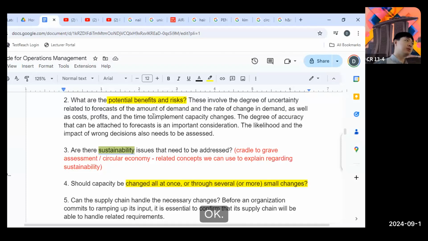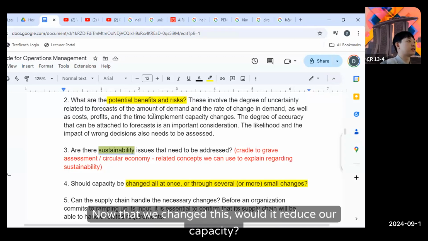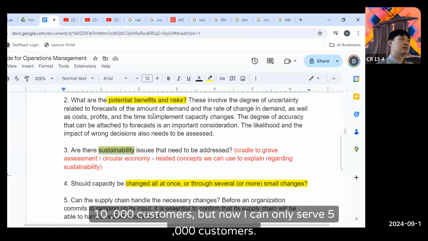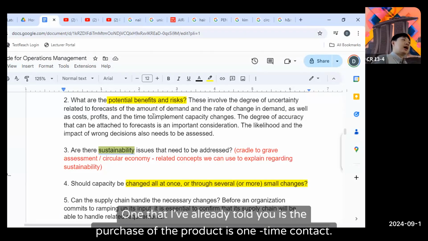This one may be on the marketing side, but let's say on the operation side. Now that we change this, would it reduce our capacity? So that means last time I could serve 10,000 customers, but now I can only serve 5,000 customers. Could it be the case? The purchase of the product is a one-time contact.